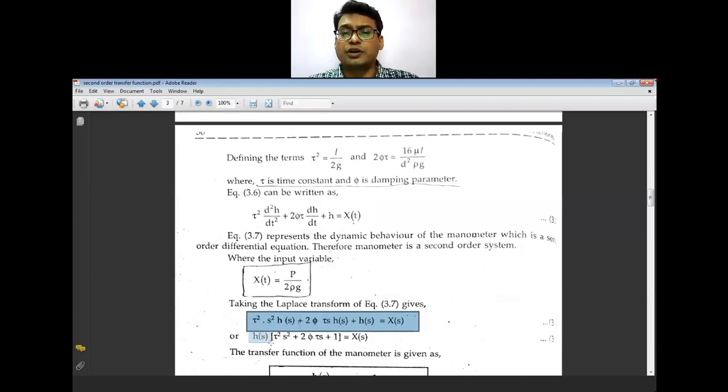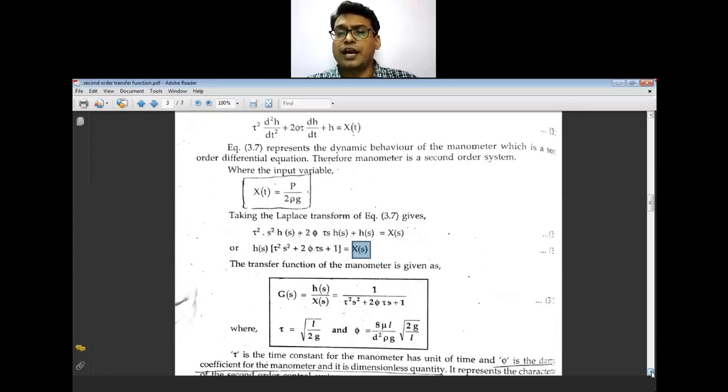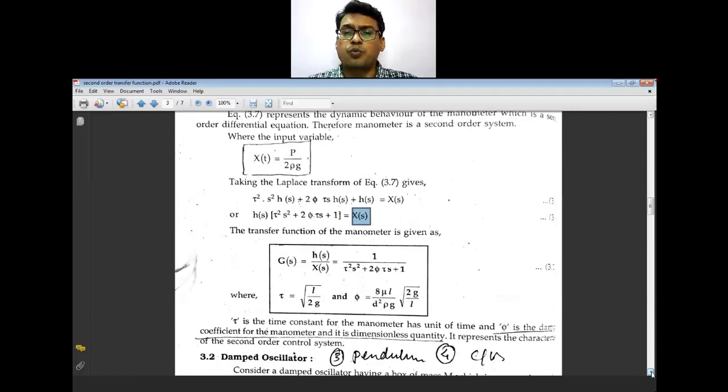So collecting all the terms for the output and for the input, you will get the transfer function as output upon input, which comes as 1 upon tau square s square plus 2 phi tau s plus 1, where tau is equal to square root of L upon 2g, and phi is equal to 16 mu L upon d square rho g under root of 2g upon L. So this is the transfer function for the second order system.